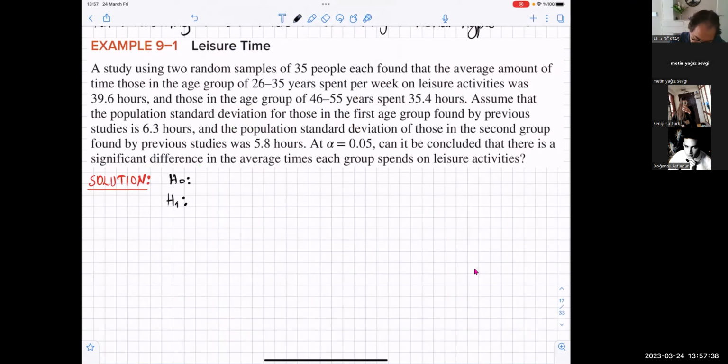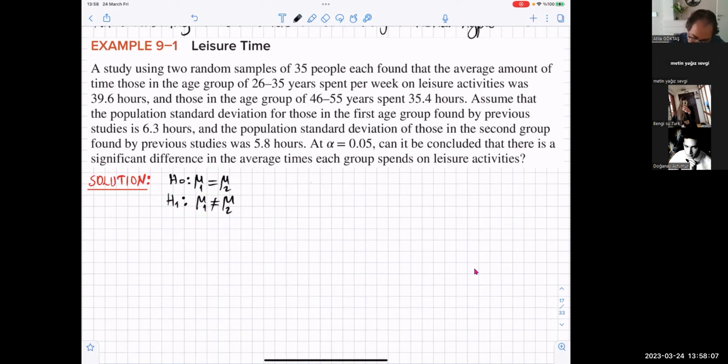So this is going to be mu1 is not equal to mu2. The null hypothesis will tell you there is no difference, because mu1 equals mu2. And in the alternative hypothesis, we establish there is a difference because mu1 is not equal to mu2.